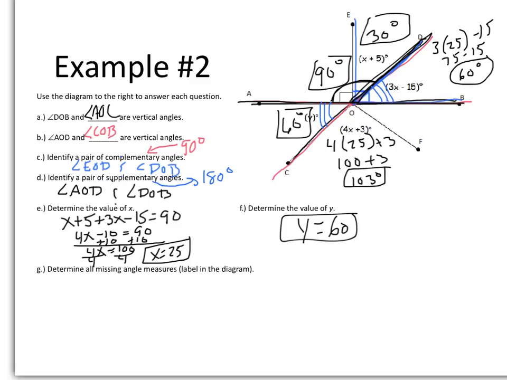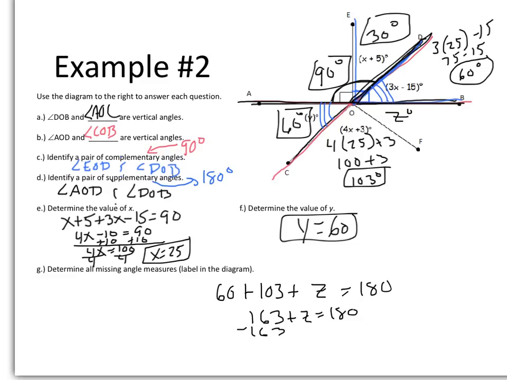Well, I think that helps to solve for this one angle. The equation would be 60 plus 103 plus, I'm going to give it z, a variable that we haven't used, equals 180 degrees. Now we can combine like terms. I get 163 plus z equals 180. Get rid of the 163. What you do to one side, you have to do to the other. And then I get z equals 17 degrees.